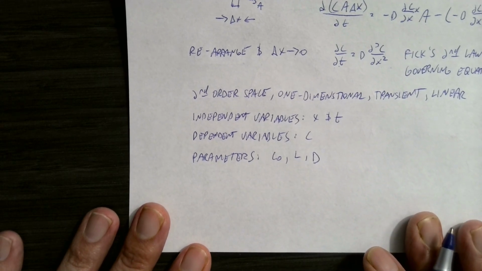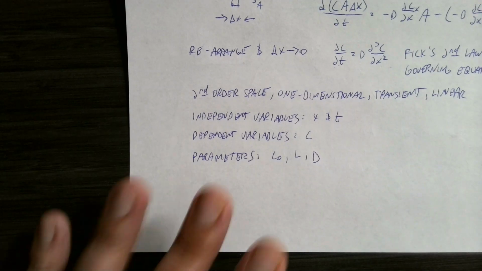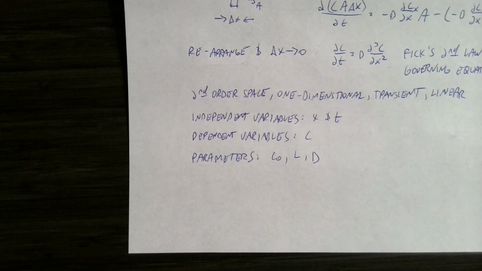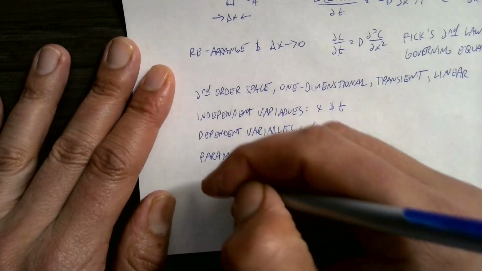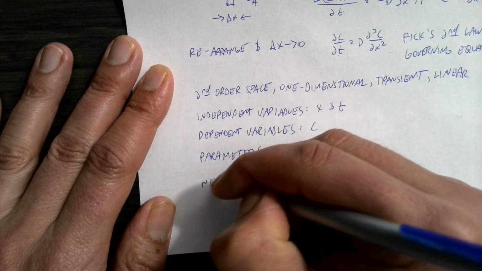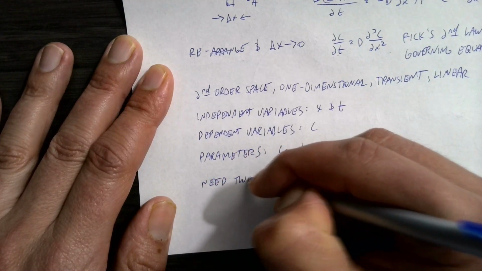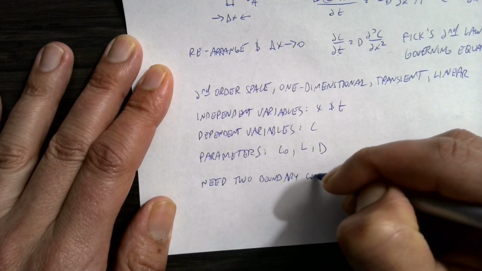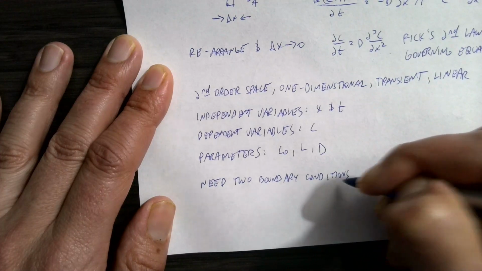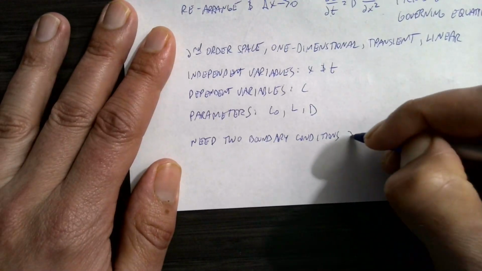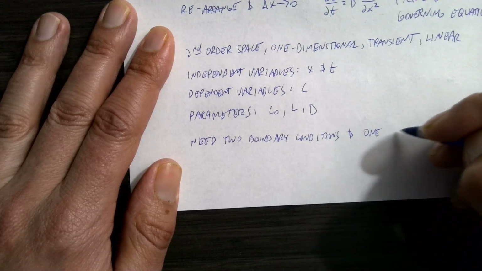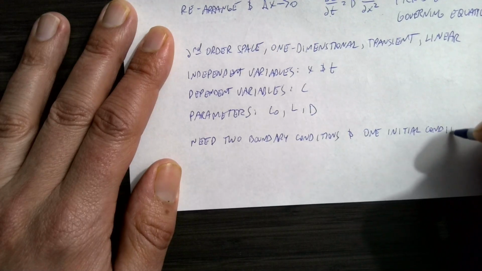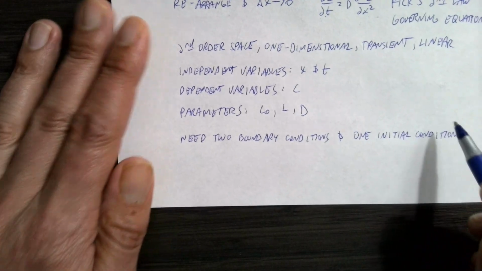Let's see, what else do we need to go over? So this is all the preliminaries. And so it's second order in space and first order in time. That means that we need two boundary conditions and one initial condition in order to be able to solve this.